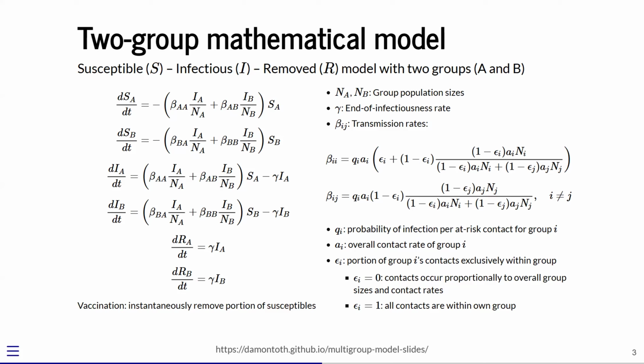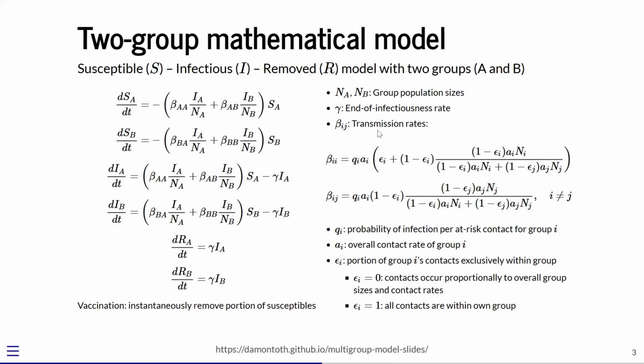Group i is the receiver, and group j is the sender. That's why in the S_A equation, which is the susceptible A's, you have beta AA and beta AB. Those are the A's potentially acquiring from either an A or a B who they contact who is infectious, right? Cool.